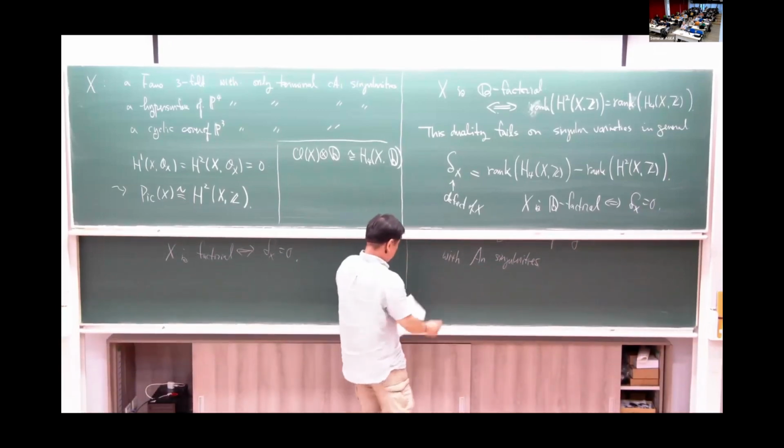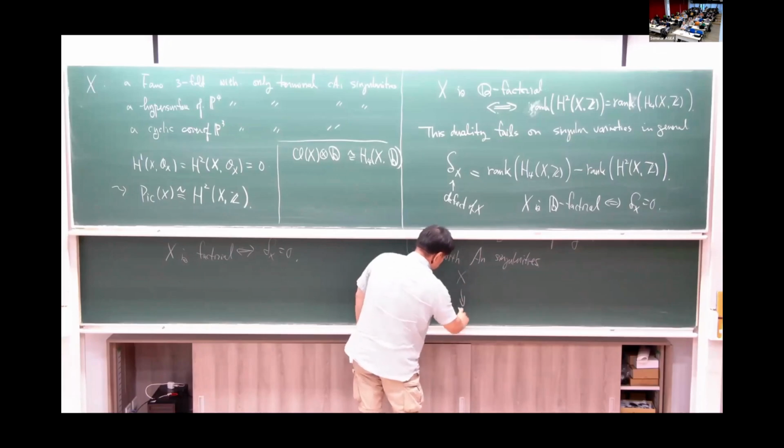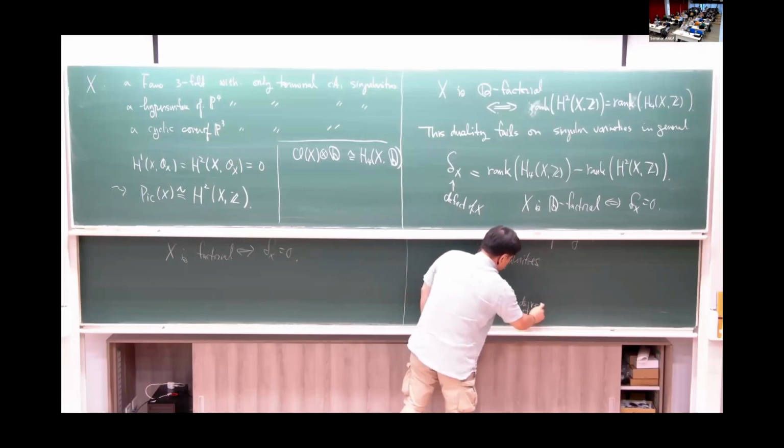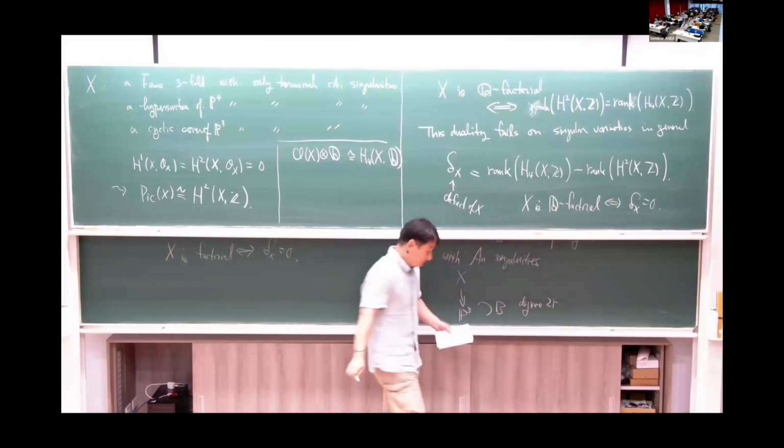Let me draw some picture. So here you have P3, and you have B, and degree 2r.